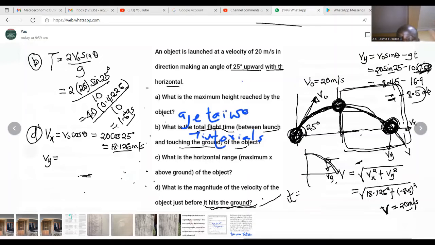Or you can do the whole 1.69. If you do half of it, you are considering the body from here falling back to this place. But in this case we consider the whole projectile holistically, so the time it takes to go and come back to the ground is 1.69.